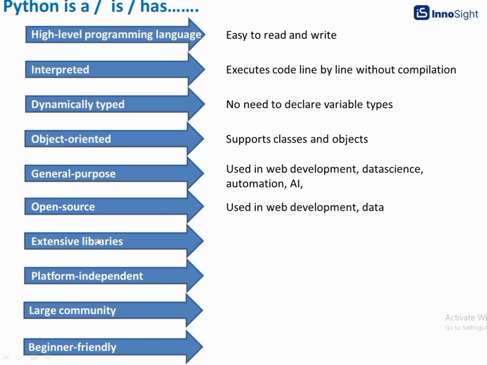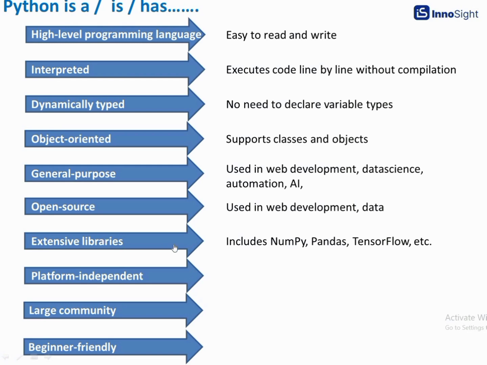And also Python has extensive libraries. Libraries means, for example, a folder that contains code that performs a particular kind of functionality. You understand? So Python has so many of them. For example, it includes NumPy.